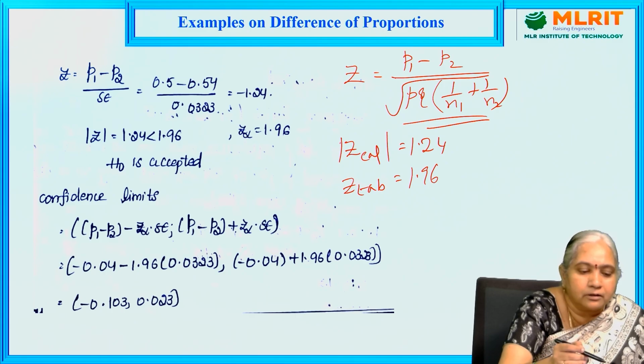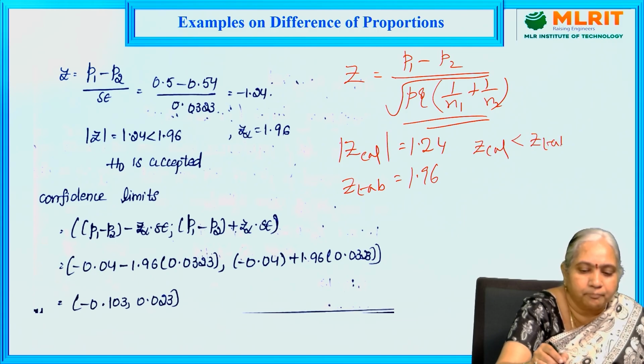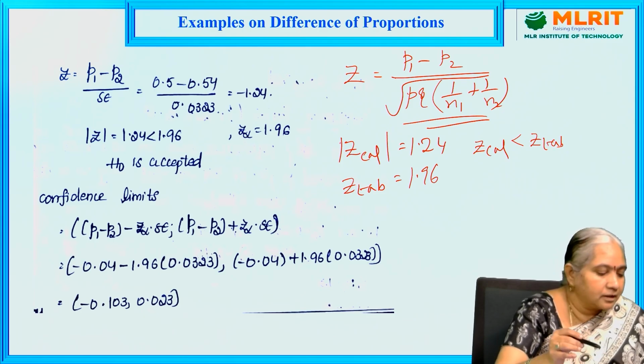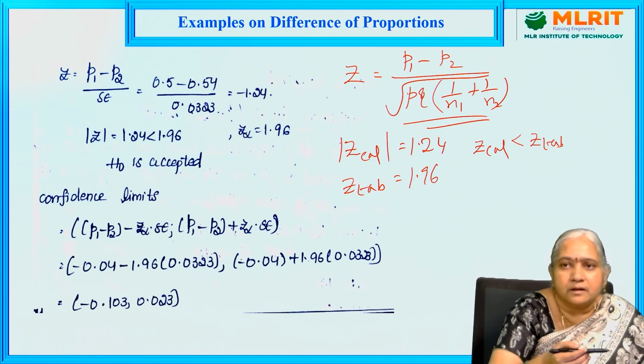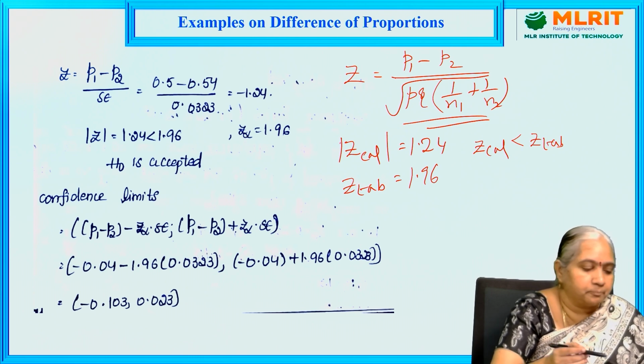Comparing both, Z calculated is less than Z tabular value. Therefore, we accept the null hypothesis at 5% level of significance. There may be 5% error in our null hypothesis or in our claim. What is the claim? Both men and women are equally in favor of the proposal.